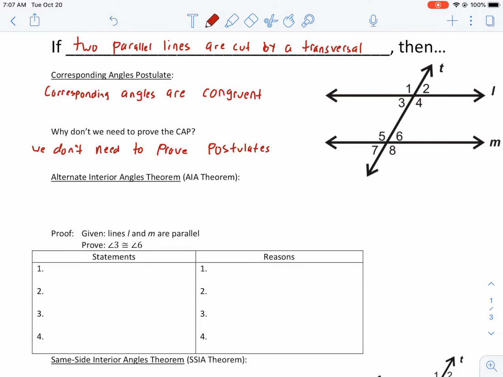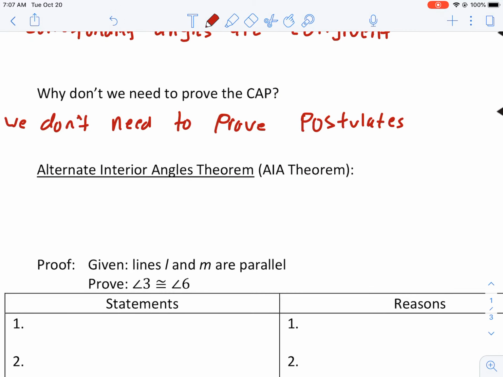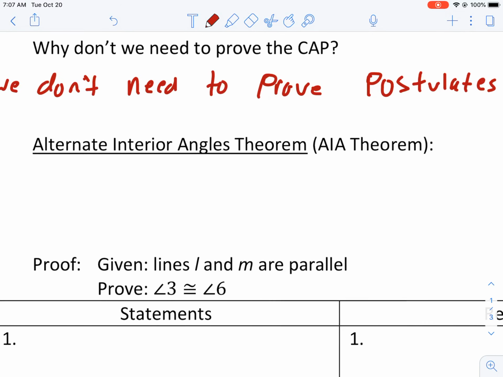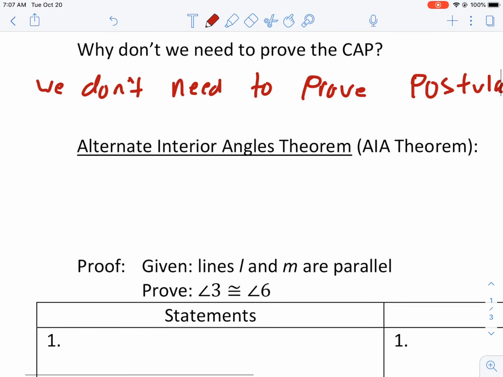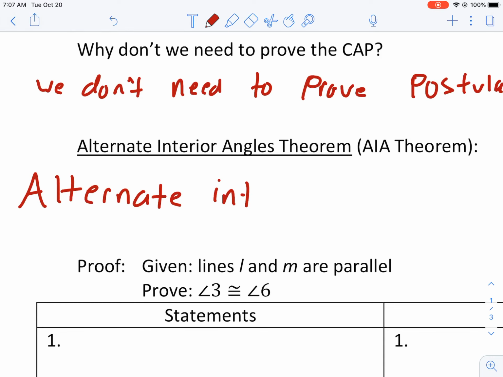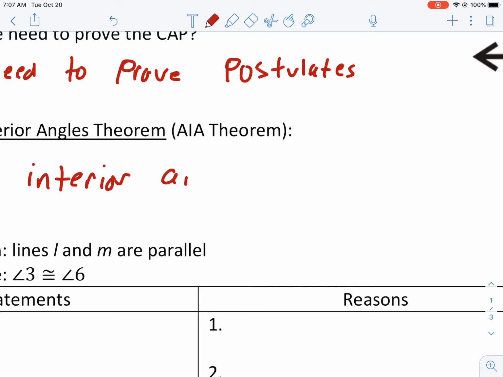So see how we had one for corresponding angles, now we're going to have one for alternate interior angles. So the alternate interior angles theorem says alternate interior angles are congruent.